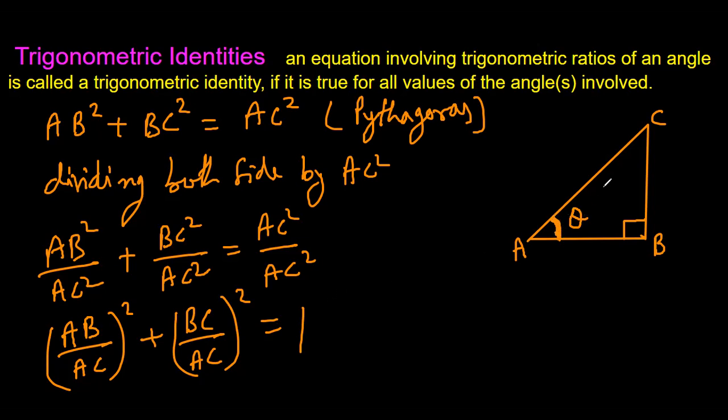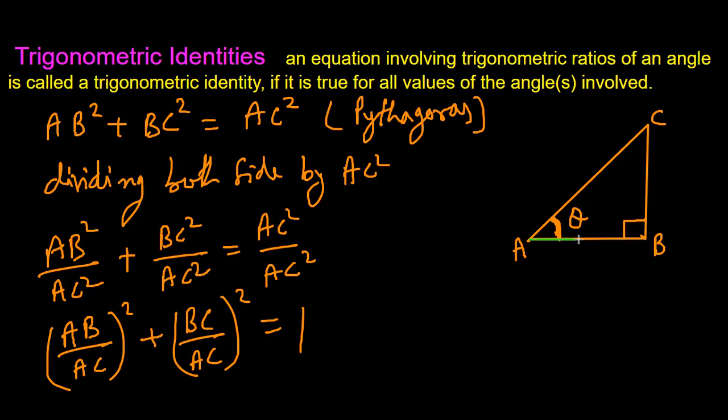Theta is a Greek letter that we use just like alphabet X, Y, Z, A, B, C in English. We use theta in Greek. So AB by AC would be, where is AB? AB is this side, which is adjacent to the given angle.